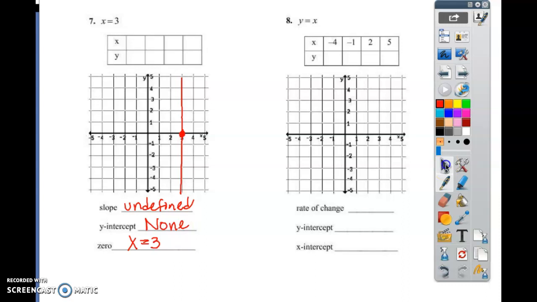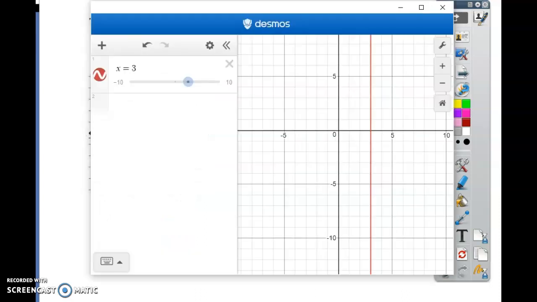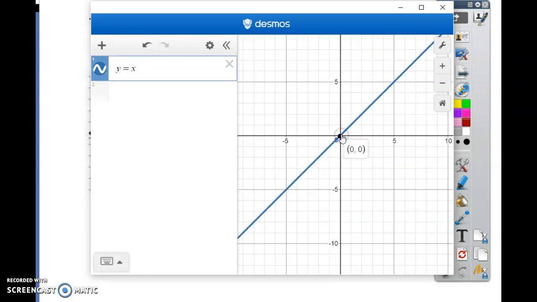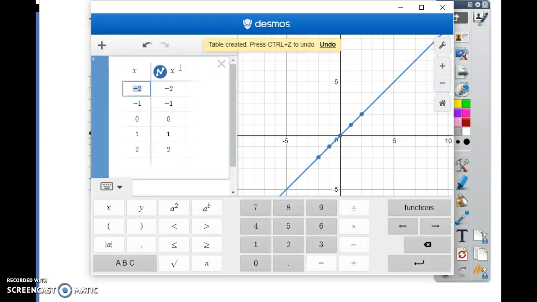And the last one, y equals x. If I put that in the calculator, this is the parent function, the linear parent function. It goes through 0, 0. If I add points, all my points are like a diagonal, like up 1 over 1, up 1 over 1, up 1 over 1. That's the parent function.